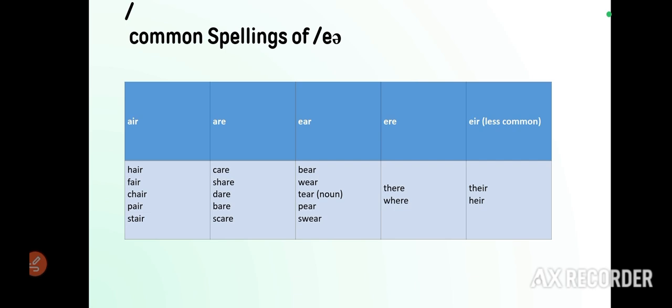In EAR as in bear, wear, tear, the noun form, not the verb. The verb will be tear, but the noun will be tear. We can see there is similarity between the ER and the AIR sounds, so you have to be very careful when you are pronouncing and when you see the sound.